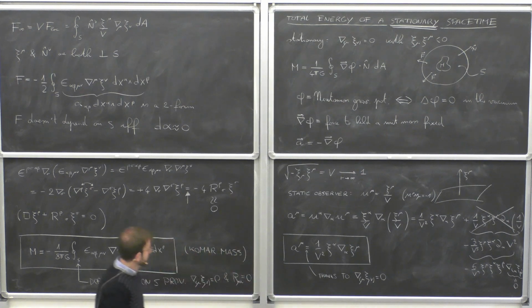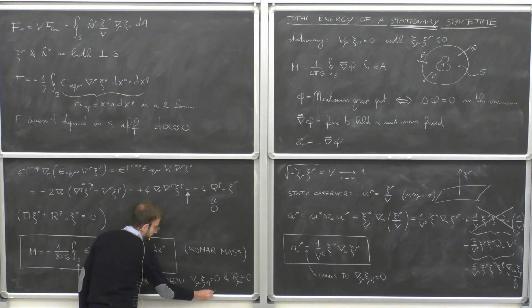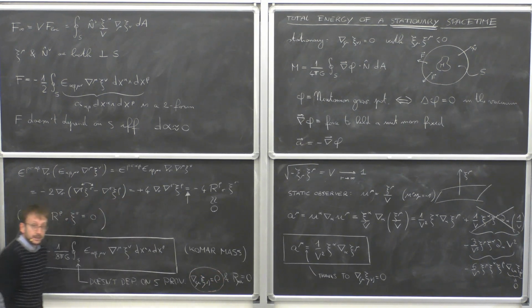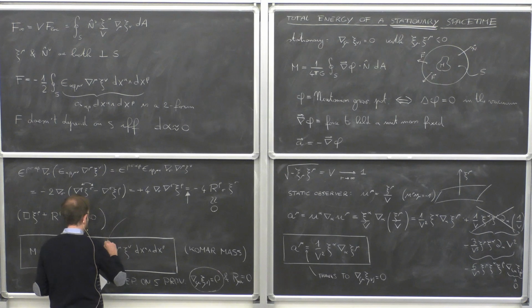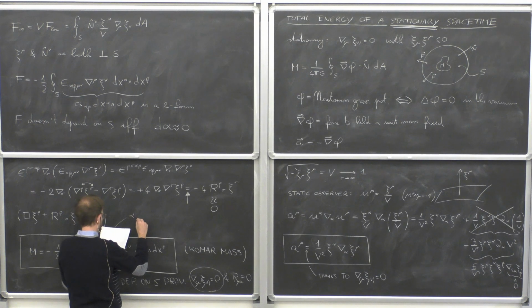So I promised that this was just an example to try to understand what are the features that we have to look for in our quest for conserved quantities in general covariant theories. And the two important observations are here. This formula for the mass depends on a time-like Killing vector, essentially, and it includes inside an object which is a two-form, and this two-form is a function of a Killing vector.